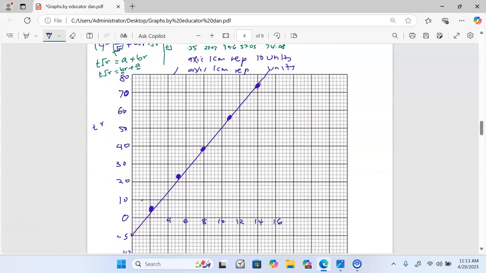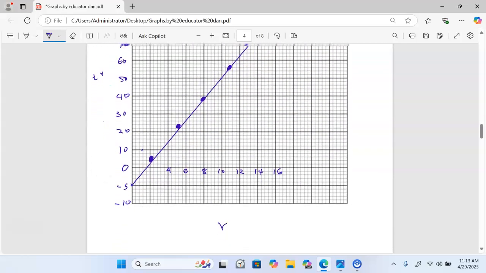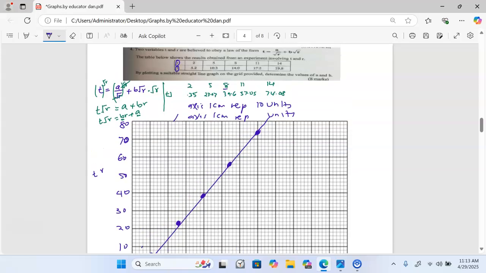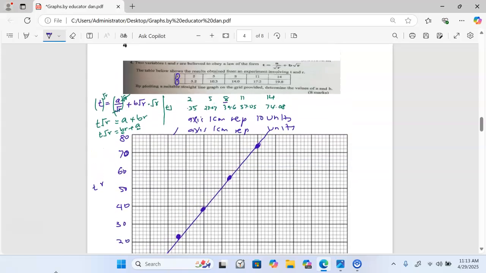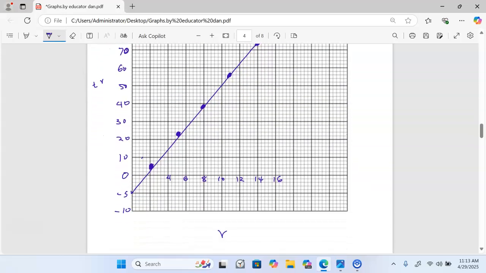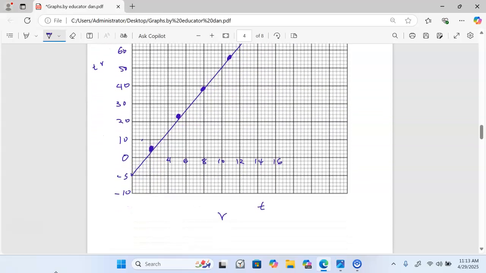From there, we can move and answer the question that we have. Remember, we are supposed to estimate the values of A and B. From our given equation, T root R is equal to BR plus A. A is going to be our y-intercept.